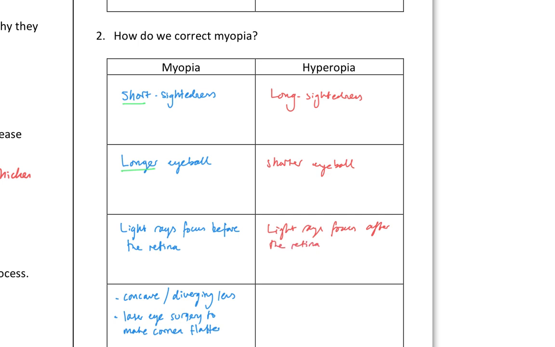So they haven't come to a point at the retina, they're still wide apart, and therefore we use a convex lens, convex or converging lens, or laser eye surgery makes the cornea rounder. How it does that, I've no idea.